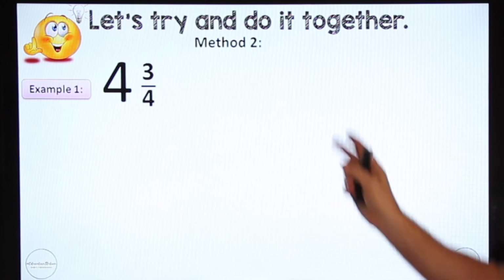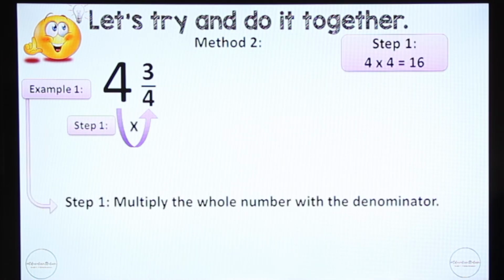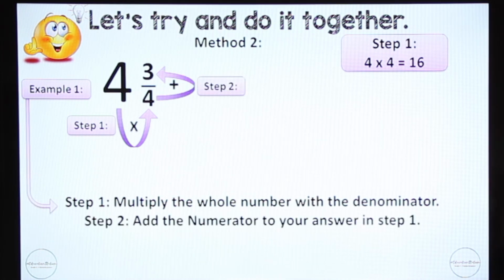So I'm going to give you 4 3/4. Step 1 is to multiply the whole number with the denominator. So it's 4 times 4, and that is 16. Step 2, add the numerator to 16, and that would be 16 plus 3, and you're left with 19.